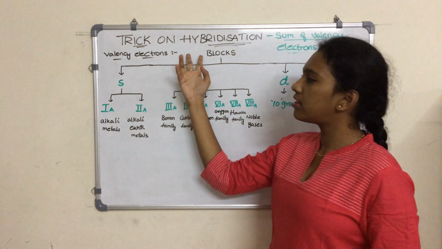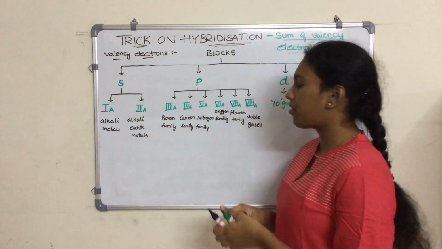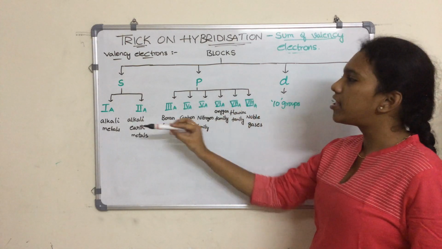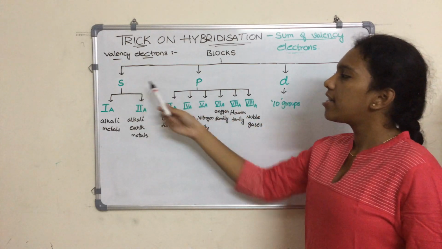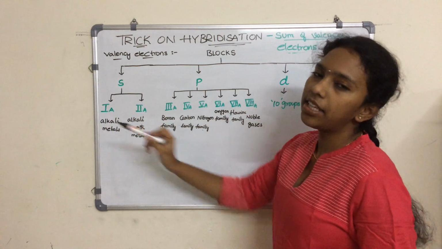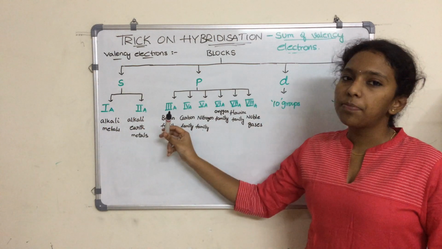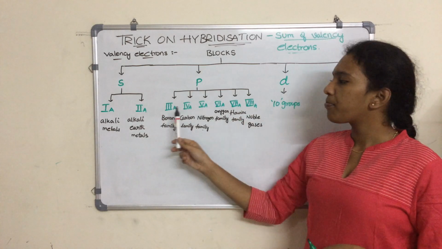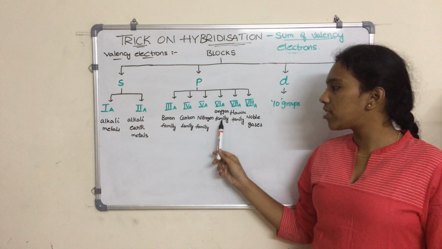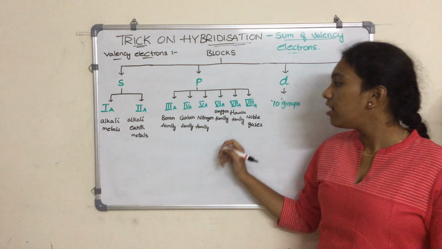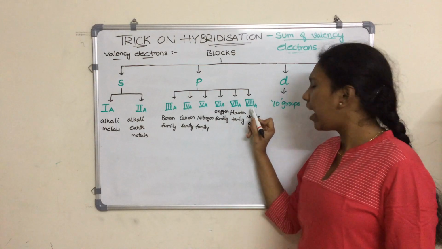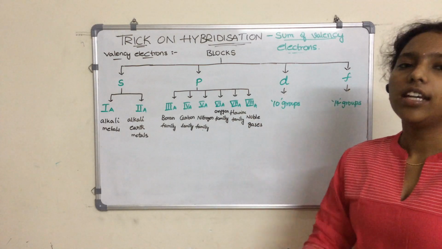To know the valency electrons, let's see how to find them. As you know, our periodic table is divided into four blocks, namely S, P, D, F. The S block is further divided into two groups, alkali metals and alkaline earth metals, whereas the P block is divided into six groups: the boron family, carbon family, nitrogen family, oxygen family, fluorine family, and noble gases, that is nothing but inert gases.